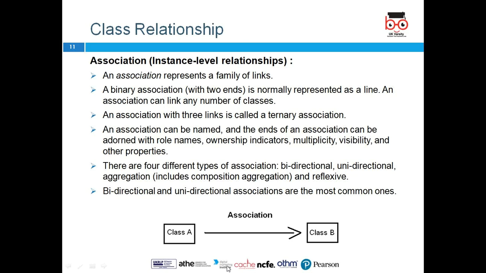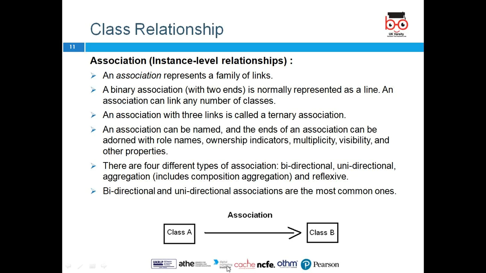An association with three links is called a ternary association. An association can be given a name, and the ends of the association can be adorned with role names, ownership indicators, multiplicity, visibility, and other properties. We will be discussing these multiplicities and role names in the next slides.